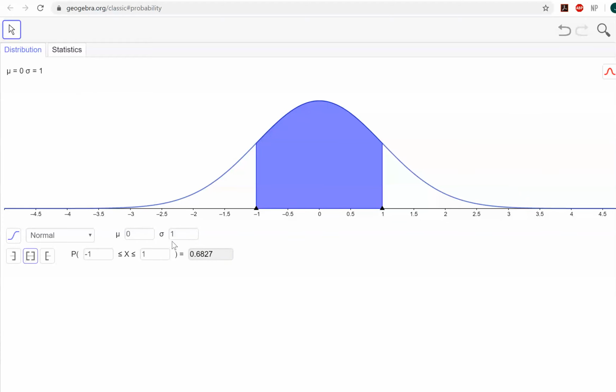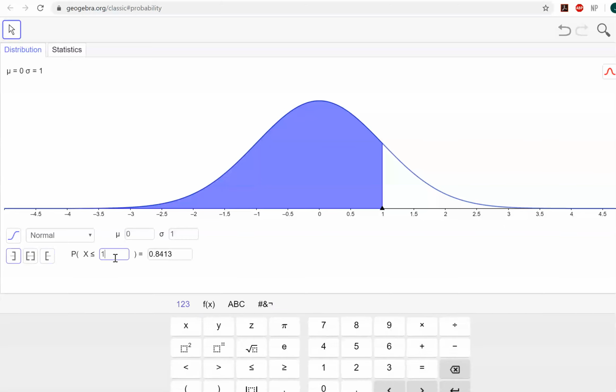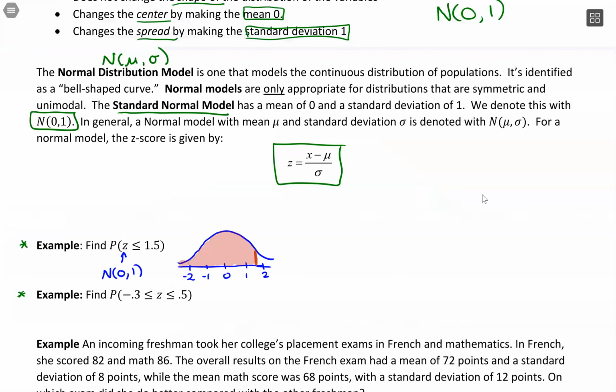So that's all set up for us. So we want the probability being less than or equal to 1.5. So we're doing a left-sided calculation, and we want our cutoff to be 1.5, which will be a 0.9332. So with that, 0.9332, or if we needed to write a sentence, 93.32% chance.